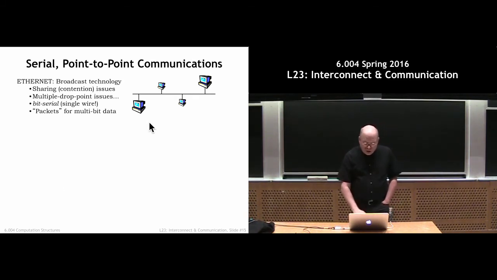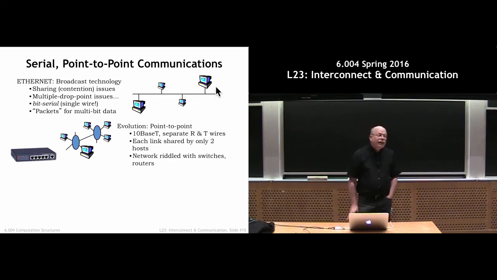Alrighty, so where are we in our story? We started off with the Ethernet up over there in Tech Square. Everybody really bought into this point-to-point thing. People began to realize that was the gold standard for reliable communication. So now everything we own is 10 base T, or 100 base T, or 1,000 base T, or 10,000 base T, and what that means is it's all point-to-point, and we have both transmit and receive wires.